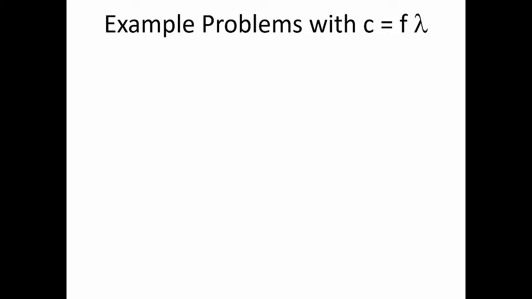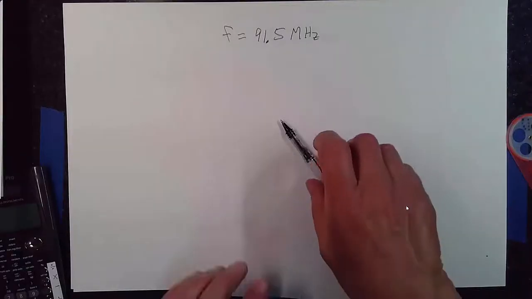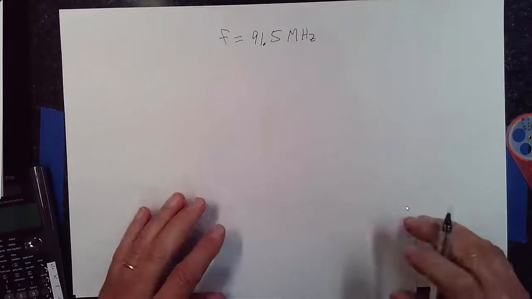Here are some examples with the equation C equals f lambda, and I'll show you how to do calculations with these. For instance, what's the wavelength of the radio station you listen to? Let's suppose that the station has a frequency of 91.5 megahertz.